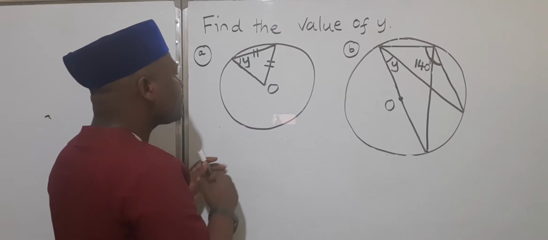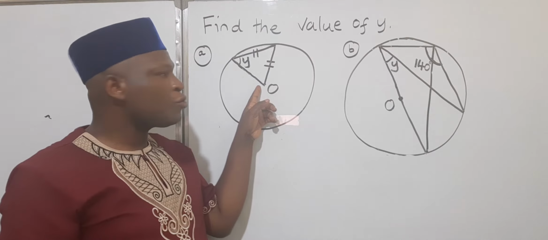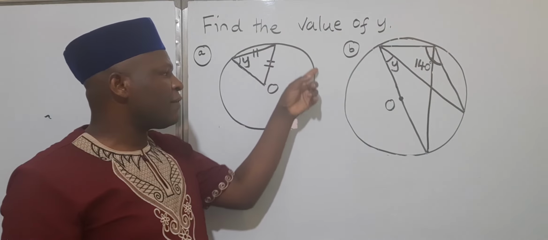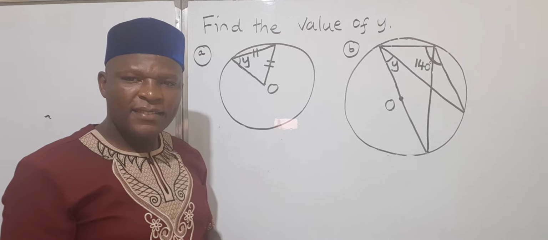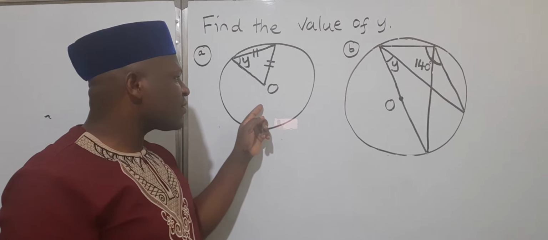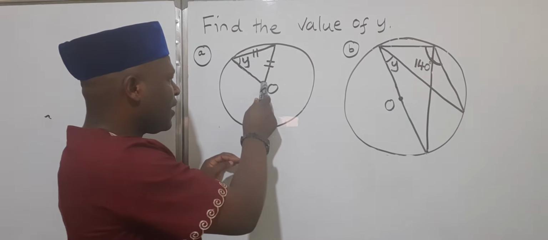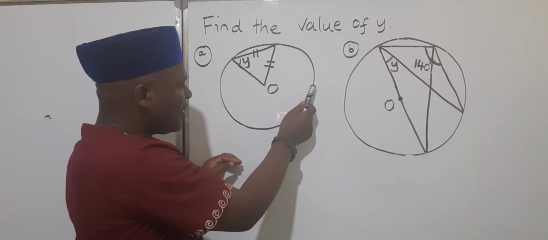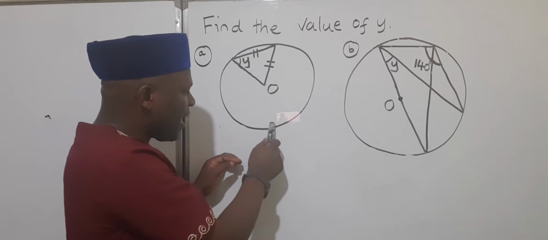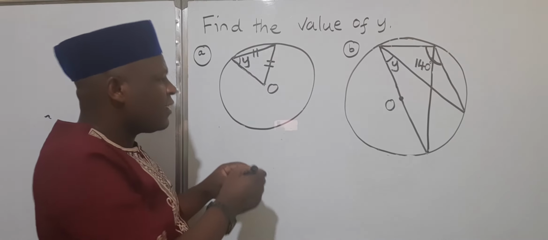And remember, a line from the center of a circle to any point on the circumference is called a radius. And the radius of a particular circle is always the same. If this is a radius, even here it's a radius, even there it's a radius, even this is a radius.